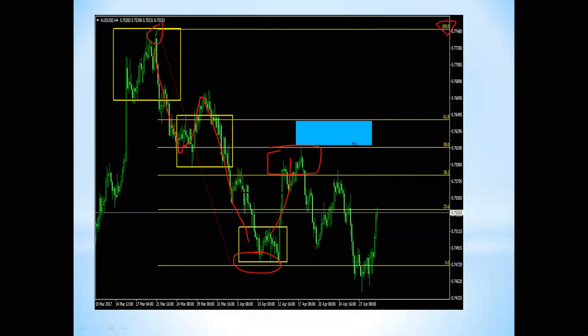And this is only to 50%, so we just touched it by 1 pip, I would assume, and it shifted to the downside again.